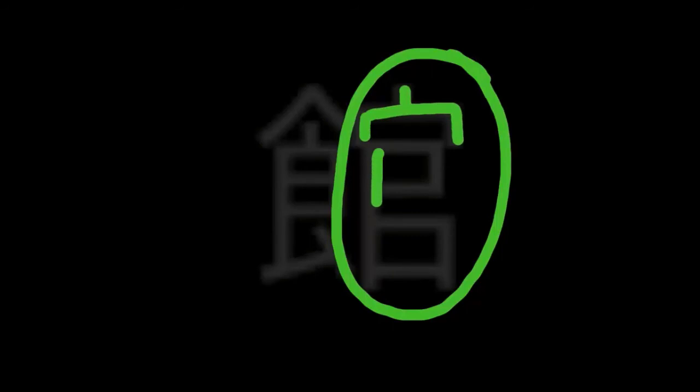Now on the right-hand side you've got this element here, which is a public official. And you can see on the top, that's this part here, you've got a roof. And then here you've got an element which I like to think of as a big, fat public official sitting down doing his work.